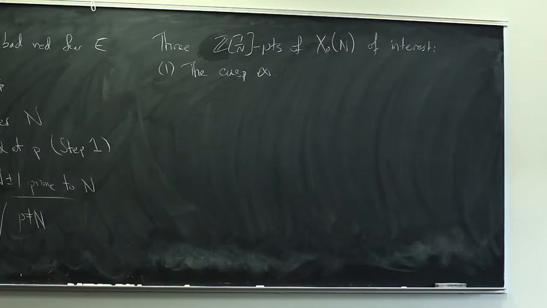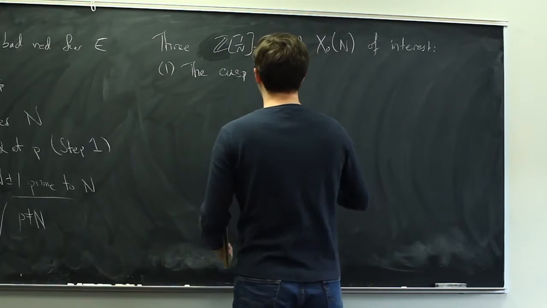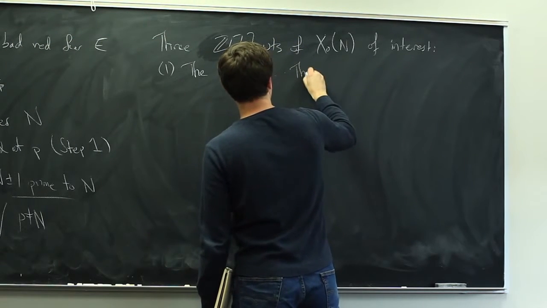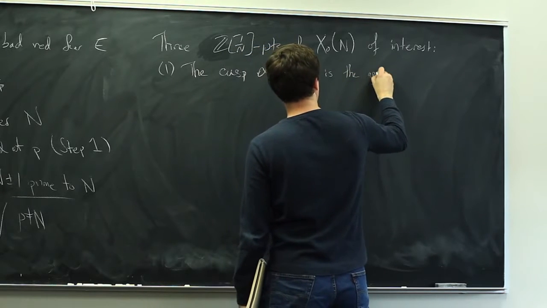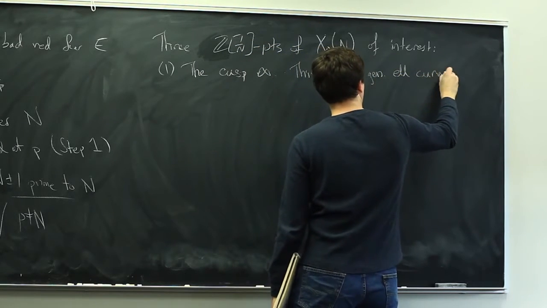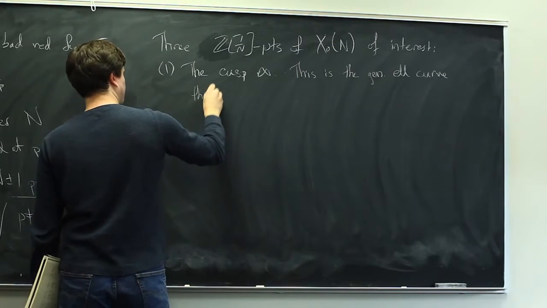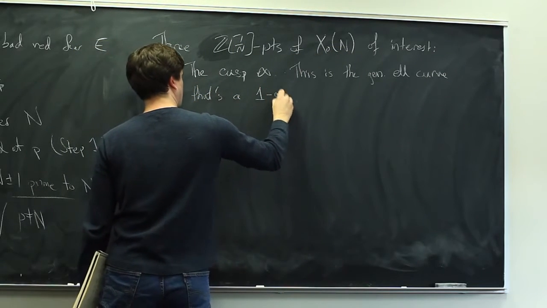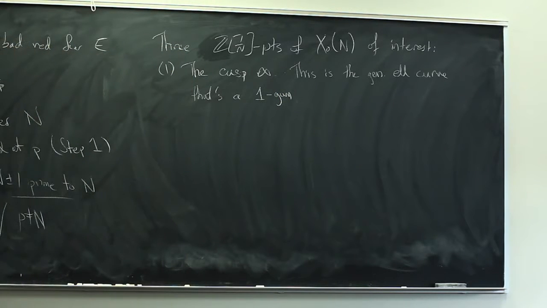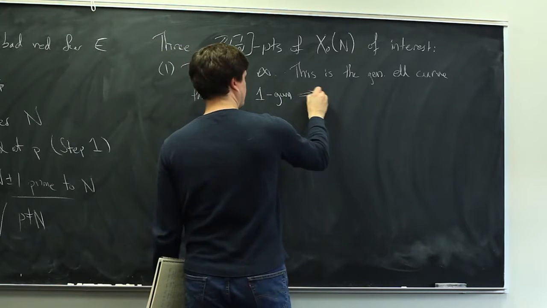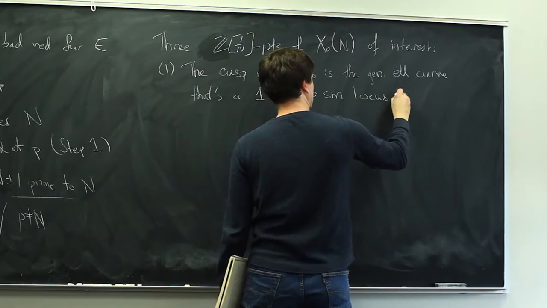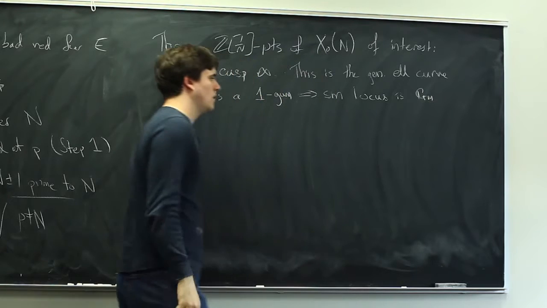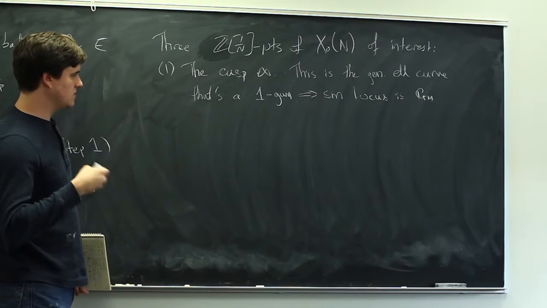And I think the definition of the cusp at infinity that I gave before was the one that Mazur says in his paper, but I think it's actually backwards from the usual convention. So I'm going to try to use the usual convention now. So this is the generalized elliptic curve that's a 1-gon. So its smooth locus is G_m. And the Gamma_0(n) structure on it is just mu_n sitting inside of here.